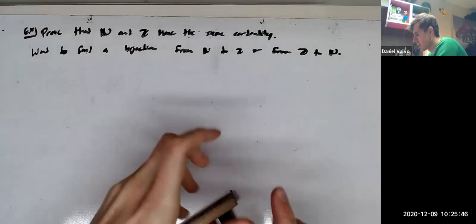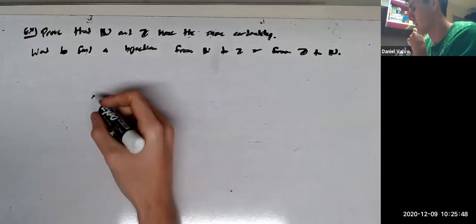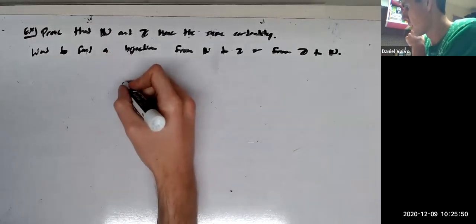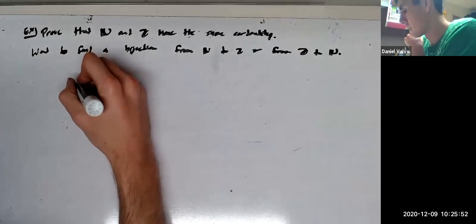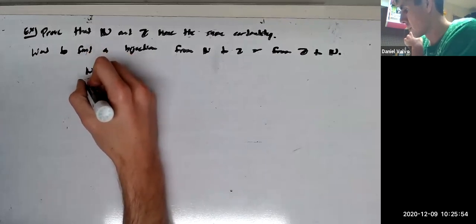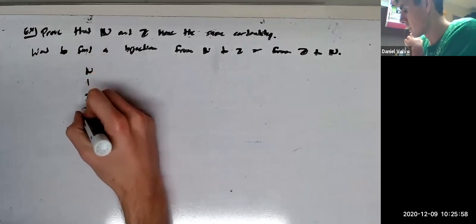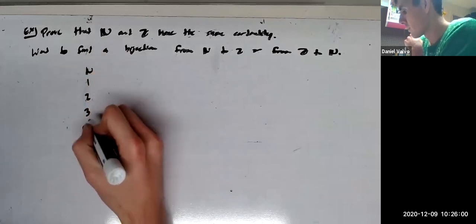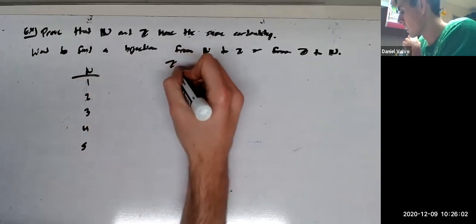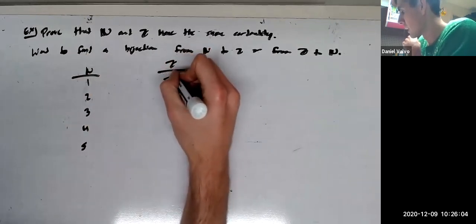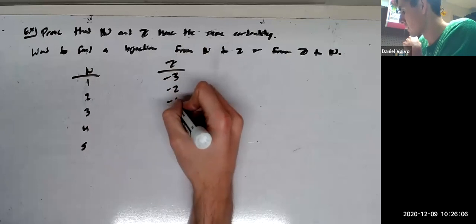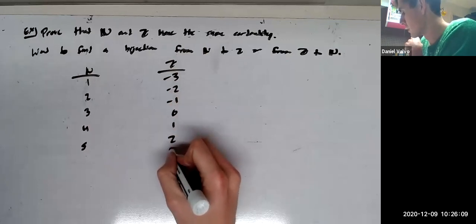So if we want to go from N, which is 0, no, it's not even 0, it's 1, 2, 3, 4, 5. We want to go from here to Z, which is, let's just say, -3, -2, -1, 0, 1, 2, 3.